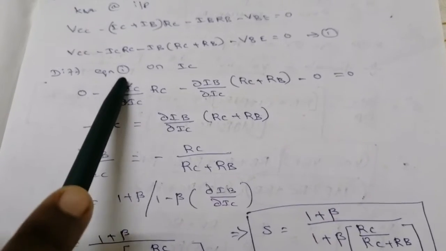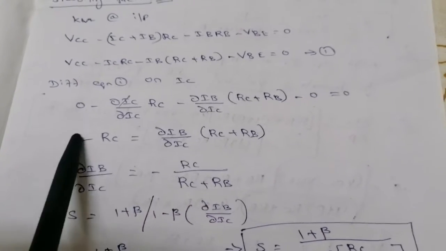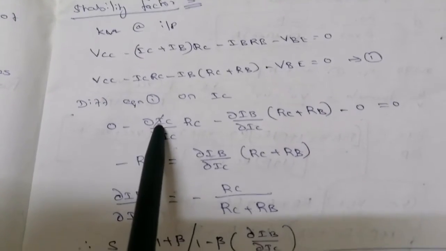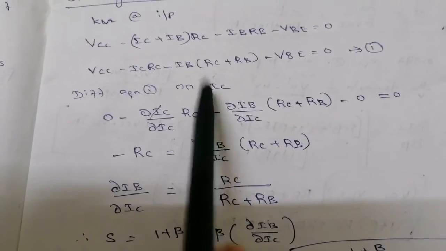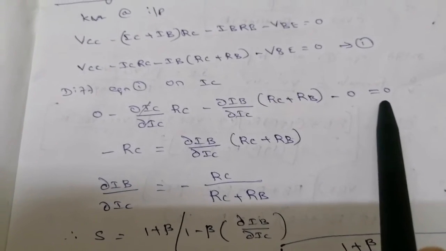Now differentiate equation 1 with respect to IC. The first term, VCC, becomes 0. Then dou IC by dou IC into RC, minus dou IB by dou IC into RC plus RB, minus 0 equal to 0.